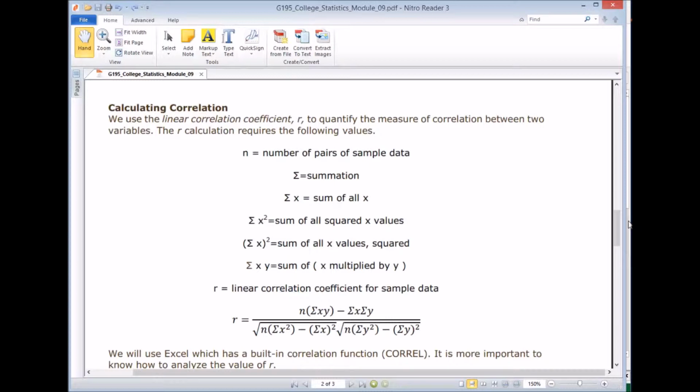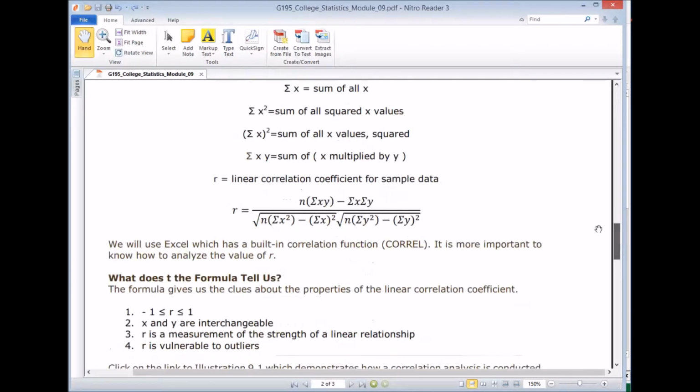Sigma of x squared will be the sum of all squared x values. And if we put them in parentheses, these are all the x values added together, and then squared. Sigma of xy means the sum of x multiplied by y. And R stands for the correlation coefficient for sample data. The formula for that is this.